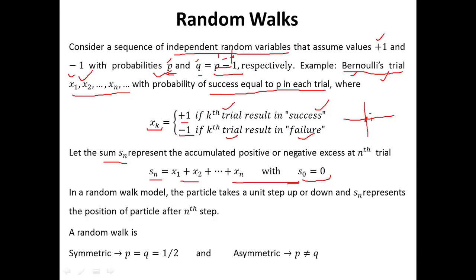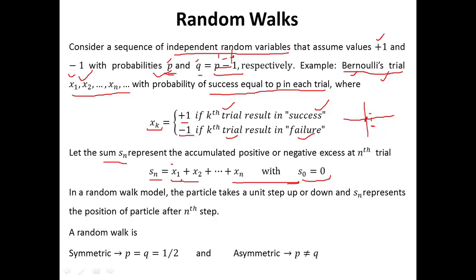Whereas if first trial results into loss, particle will move into -1 direction. So in this sense, x1 will represent a particular value +1 or -1. +1 in the case first trial results into success, -1 in the case first trial results into failure.